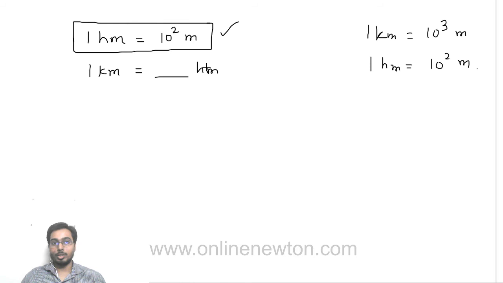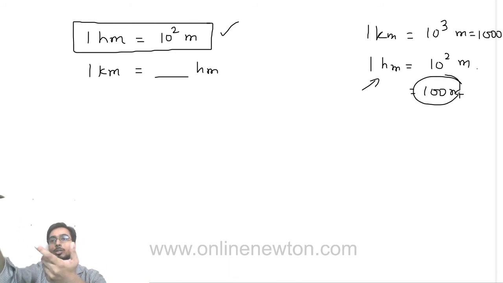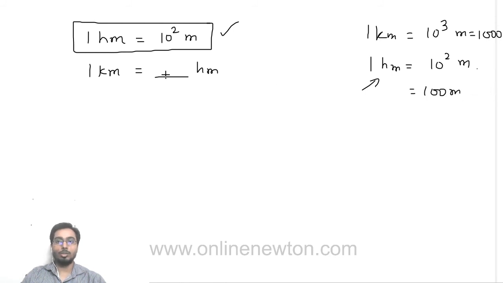Okay, so they are asking how many hectometers are there in 1 kilometer. So obviously hectometer is a smaller unit, it makes out to be 100 meters, and this makes out to 1,000 meters. So as you can see, 10 hectometers will make 1 kilometer. Multiplying this by 10 will lead you to this, right? So 10 hectometers make up 1 kilometer.